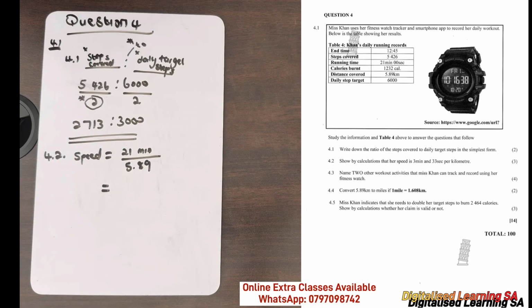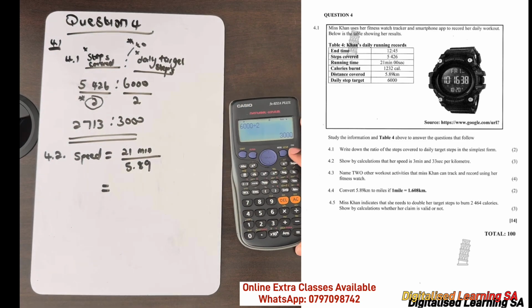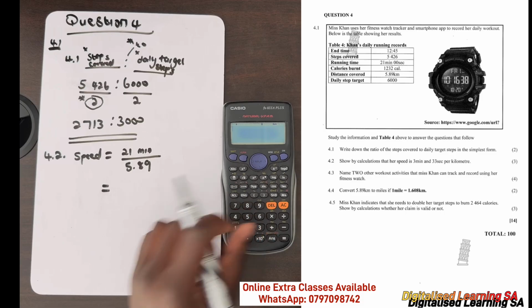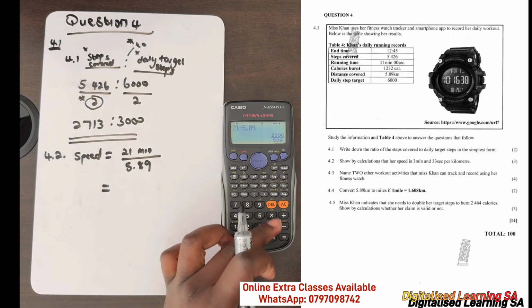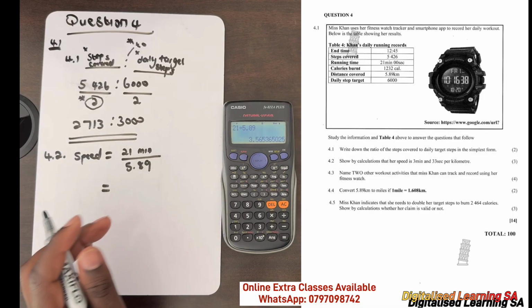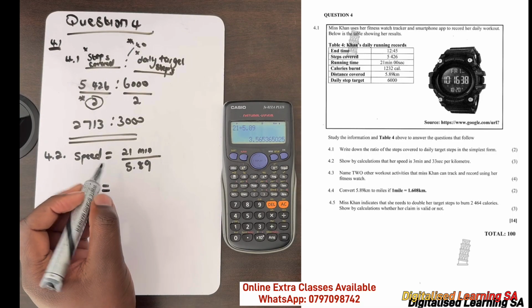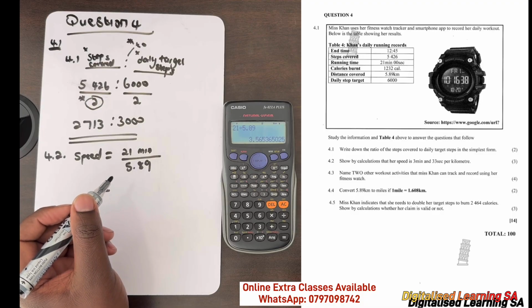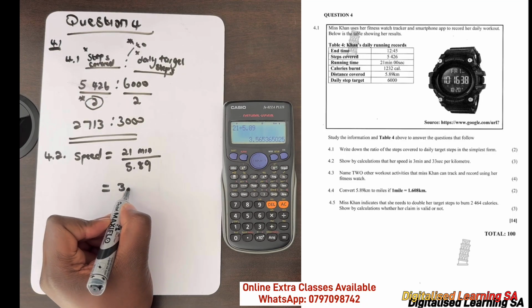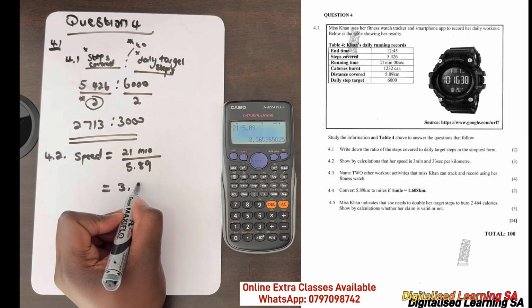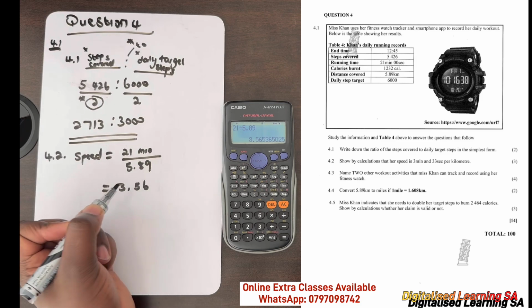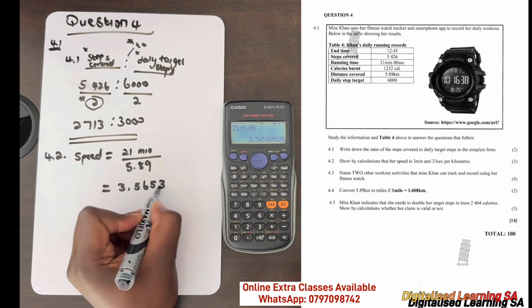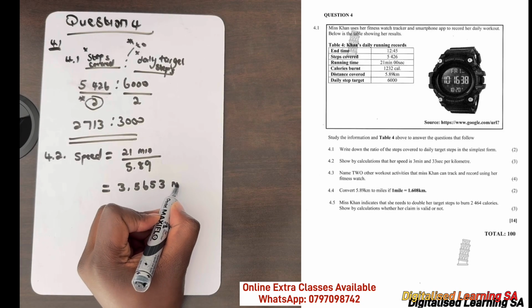Now we can get the speed in terms of minutes and seconds. If we say 21 divided by 5.89, our answer will be 3.5653 minutes.